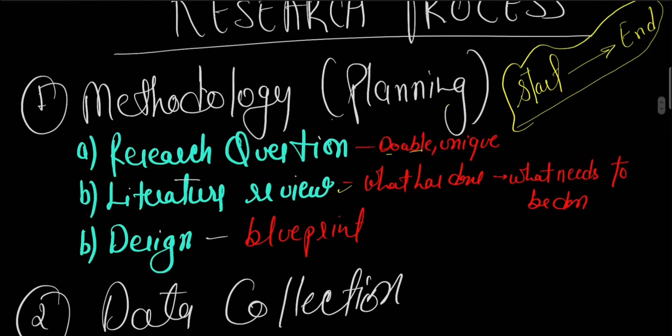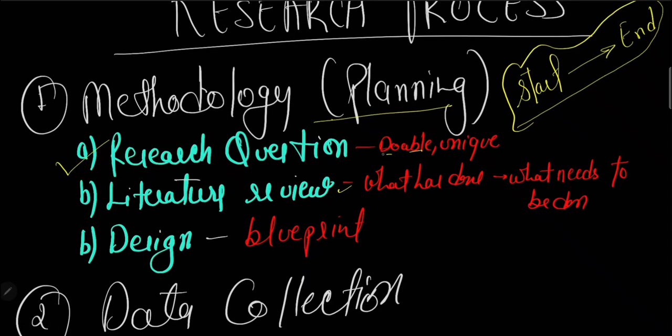Okay, talking about the planning portion first. We plan. The basic and root portion of the research is the research question, which defines what you have to do and what the result will be. Everything depends on this one research question.